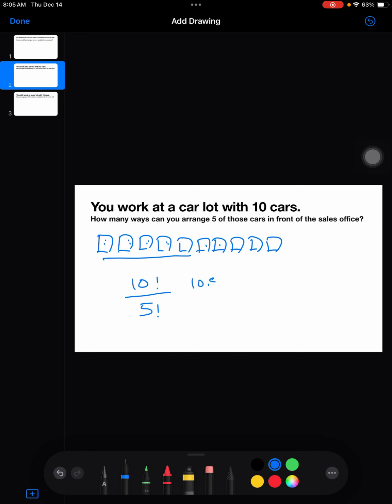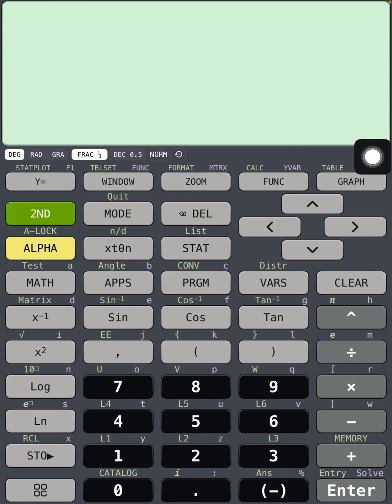So again, this is 10 times 9 times 8 times 7 times 6 times 5 times 4 times 3 times 2 times 1, divided by 5 times 4 times 3 times 2 times 1. And that is n factorial over n minus r factorial. And then these cross out, so what you're left with is 10 times 9 times 8 times 7 times 6, descending order down to 6.